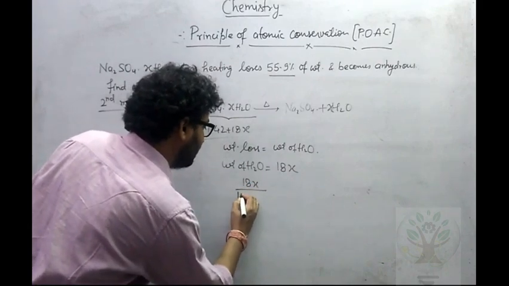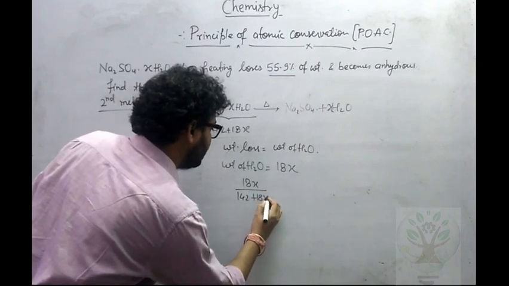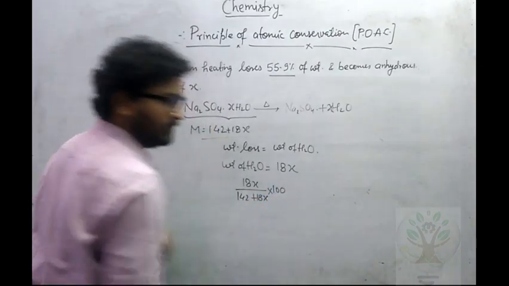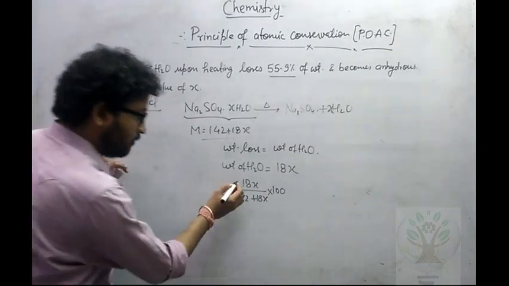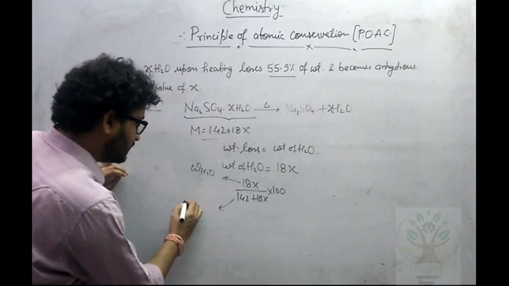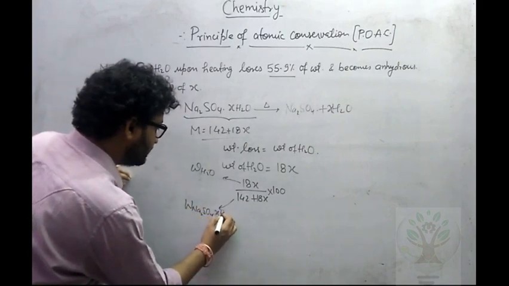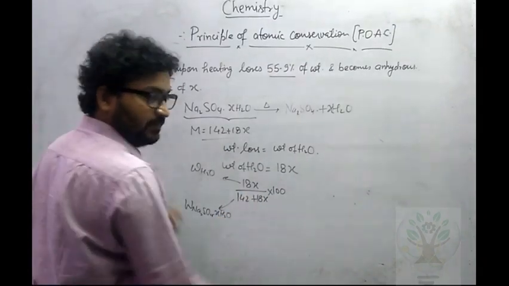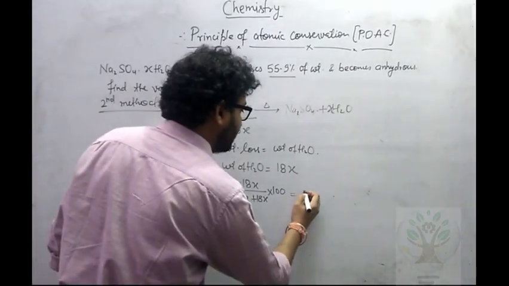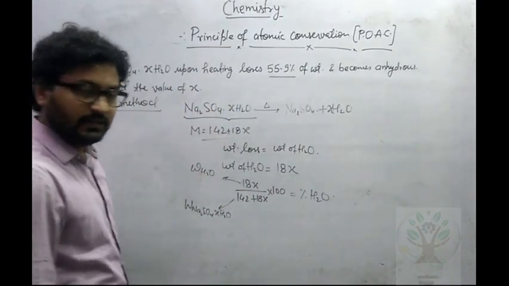Now, can you tell me what this is? 18x divided by 142 plus 18x, into 100. What have I written here? This is the weight of water. This is the weight of the entire Na2SO4.XH2O. And if I multiply this by 100, I am getting simply the percentage of H2O. Are you getting this?